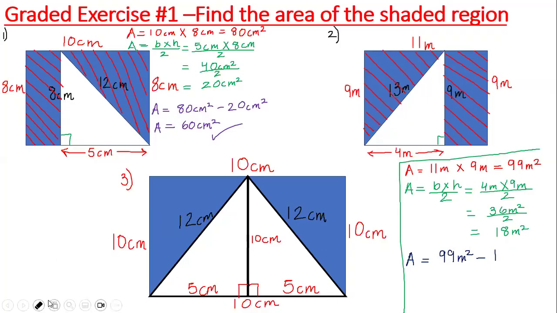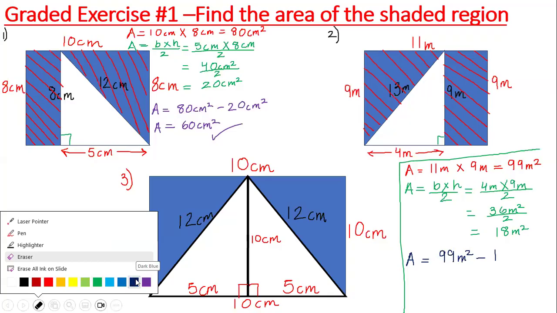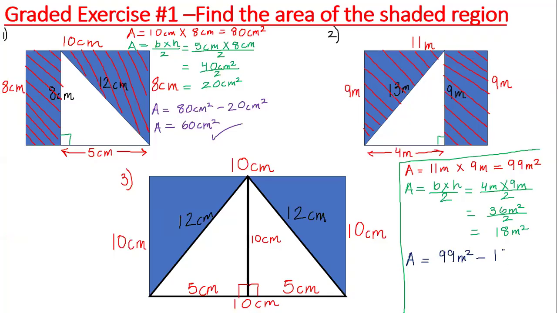So we have 99 meters squared minus 18 meters squared. And so area is going to be equal to 99 minus 18, which is 81 meters squared.